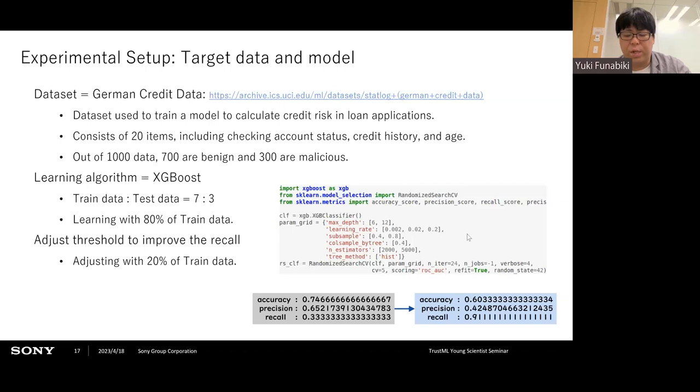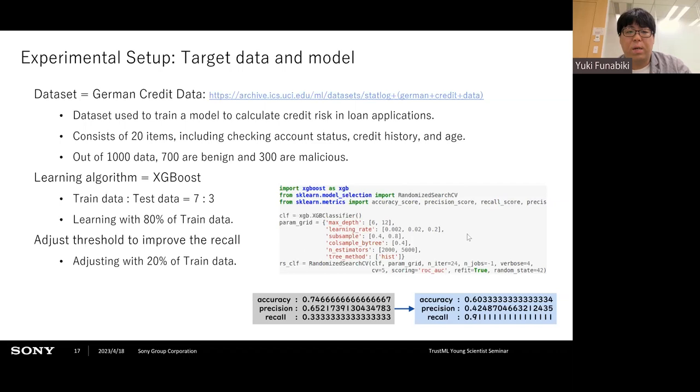We also tune the threshold, because if the threshold is 0.5, the default setting, accuracy is 95% but recall is 33%.